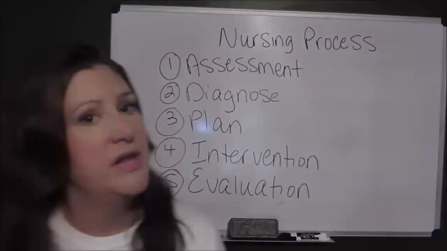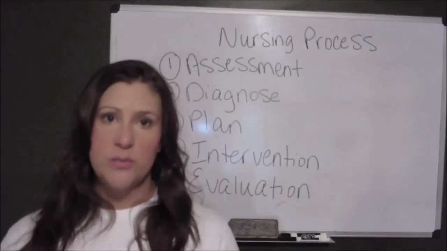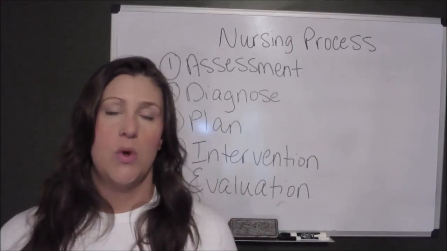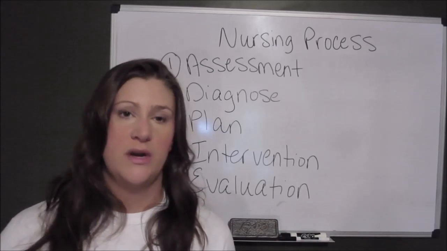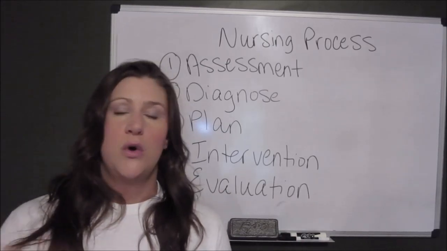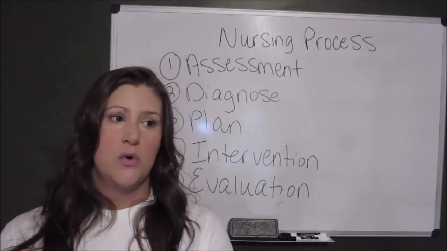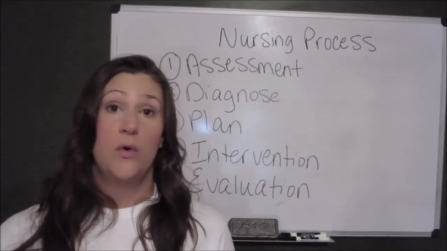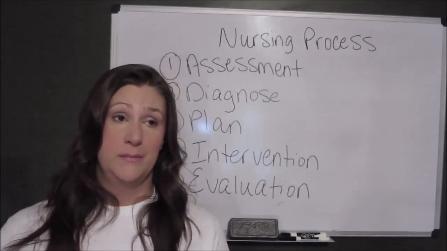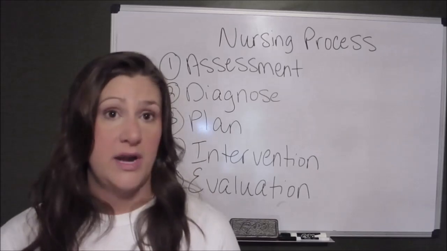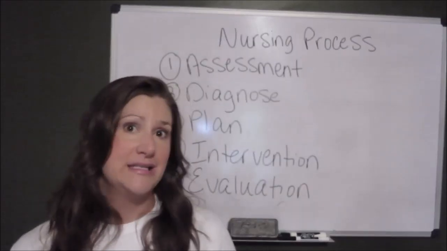Step number 3, your plan, or this is going to be your very measurable, very realistic goal. Try to use a number in there. For example, a goal O2 saturation, a goal blood pressure, a goal pain level, a goal temperature. Okay, see where I'm going with it, so you can very easily evaluate that.